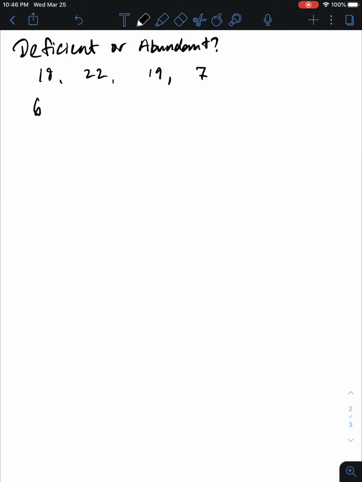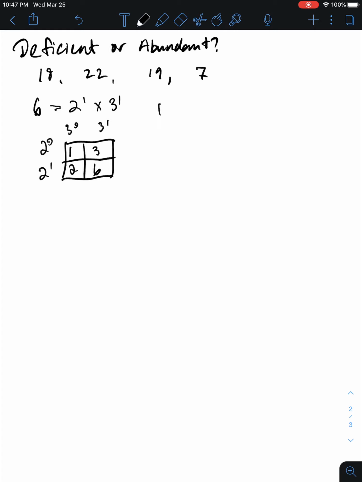So the first perfect number is 6. 6 is 2 to the power 1 times 3 to the power 1. So its divisors are, according to this table, 1, 2, 3, and 6. So the divisors of 6 are 1, 2, 3, and 6.